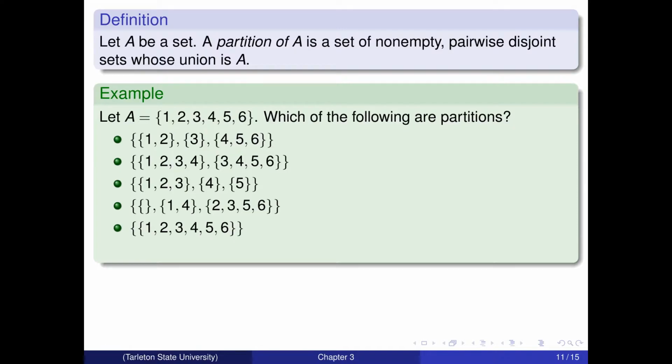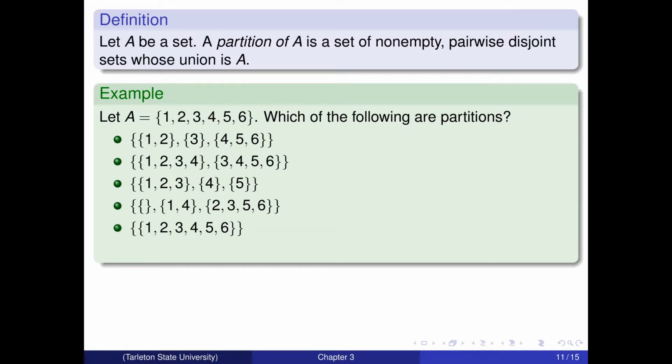And then we can look at this example. This might look kind of weird, but this technically is a partition. It is a collection that only has one set in it. The one set that's inside of it is non-empty. The union of that one set does give us the whole space.